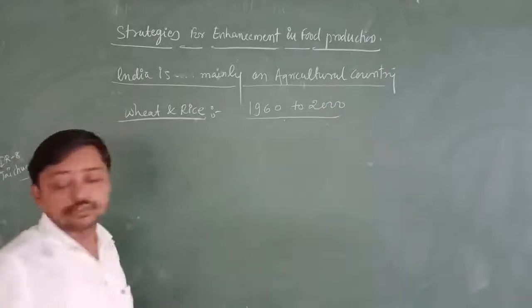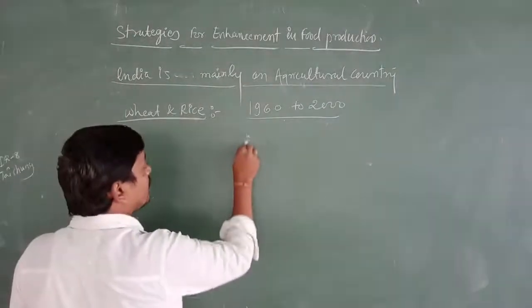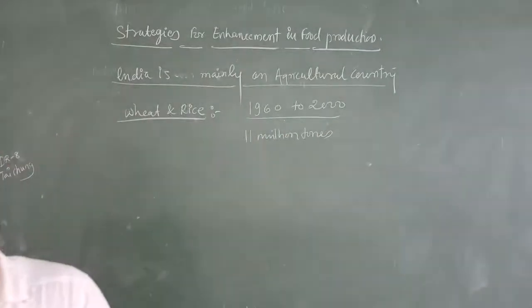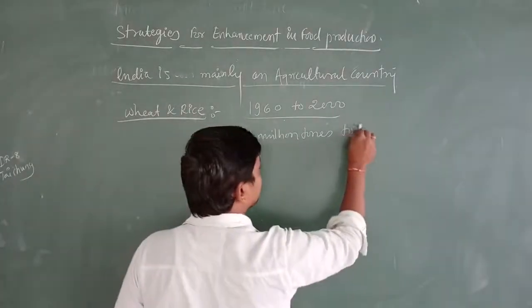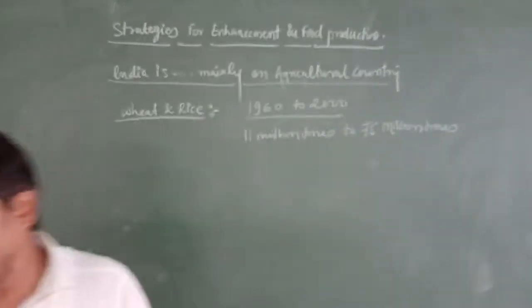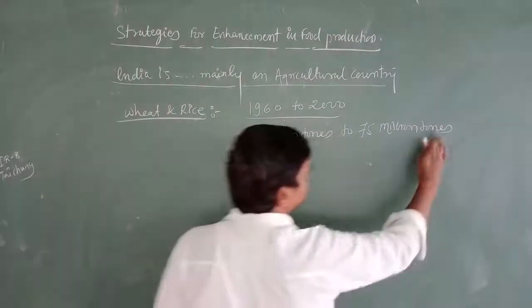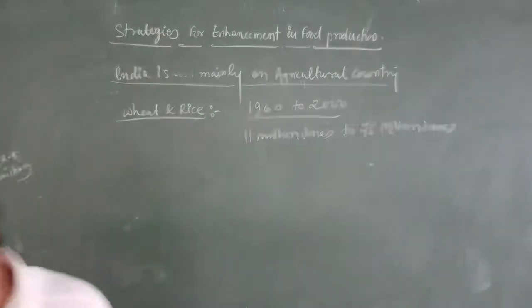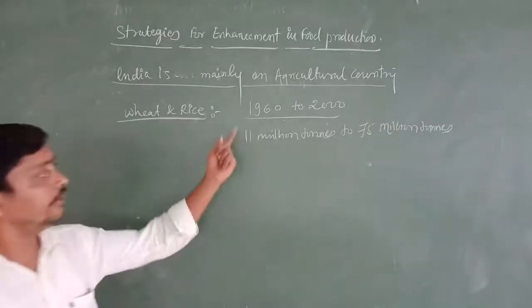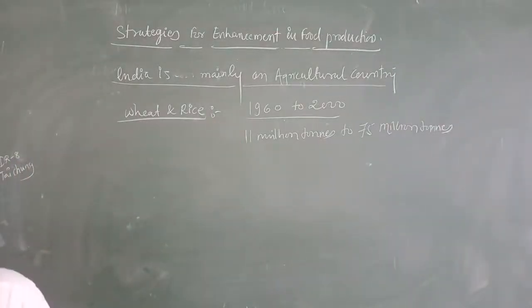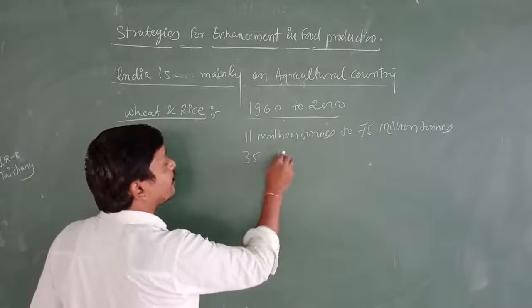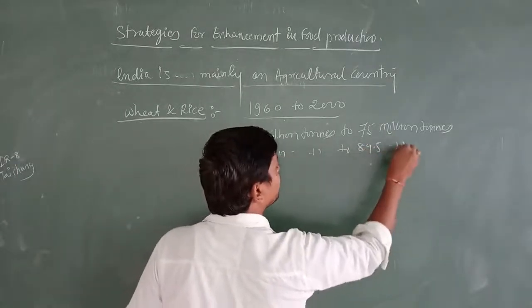What happened in this period? Wheat production went from 11 million tons to 75 million tons, and rice from 35 million tons to 89.5 million tons.